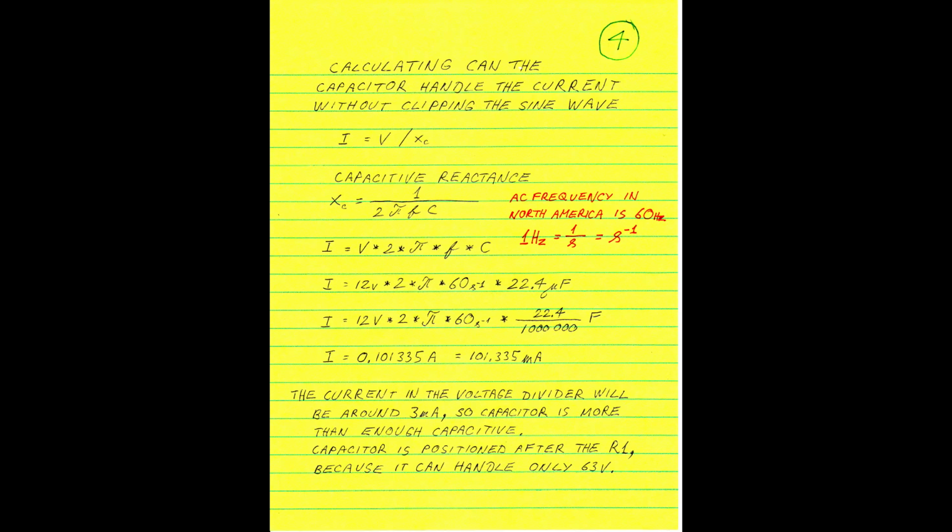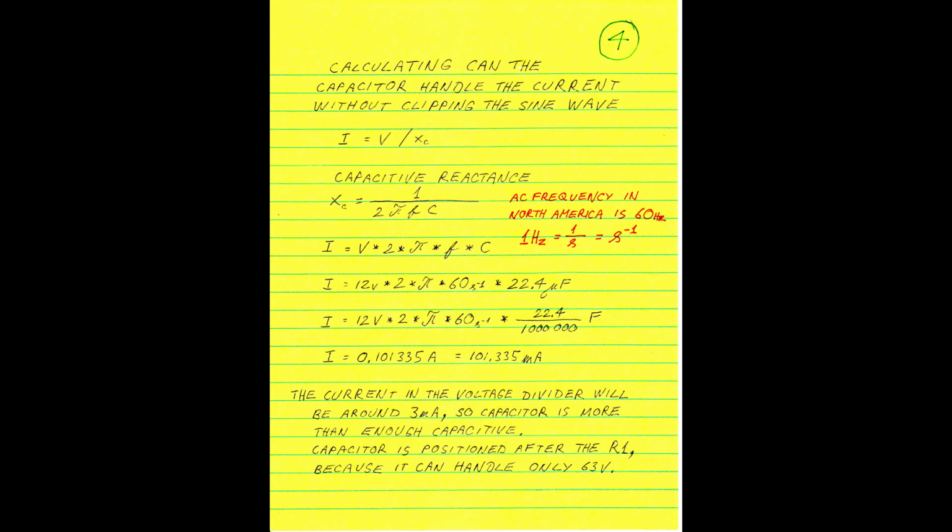So combined formula, I equals V times 2 times pi times F times C. So I equals 12 volts times 2 times pi times 60 s to the minus 1, or 60 Hertz, times 22.4 microfarads.